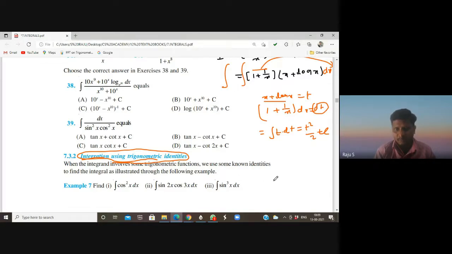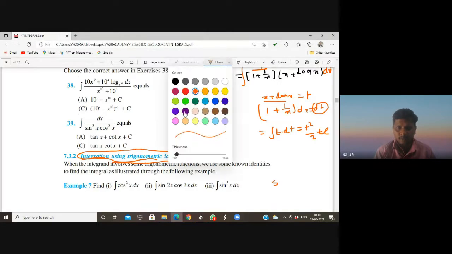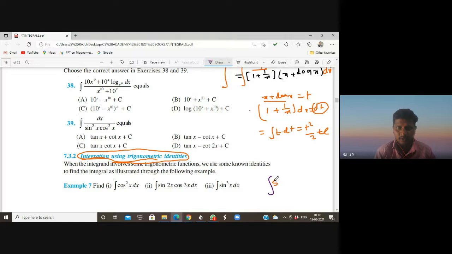For example, I want to find integral sine x into cos x, or integral sine 2x into sine 3x, or integral cos x cos 2x cos 3x, or integral sine cube x, or integral cos cube x. Okay, integral sine square x. Right, these kind of. So there is no formula for directly sine x into cos x.